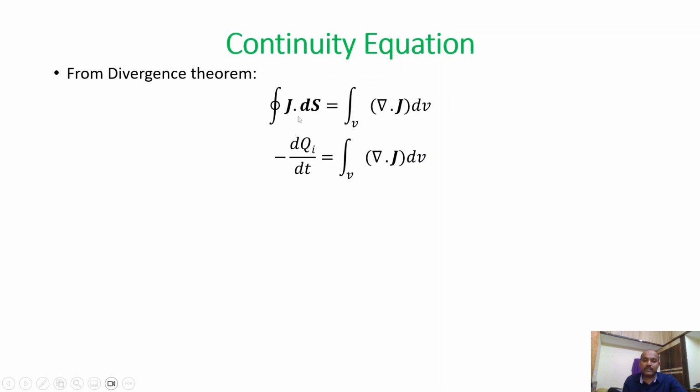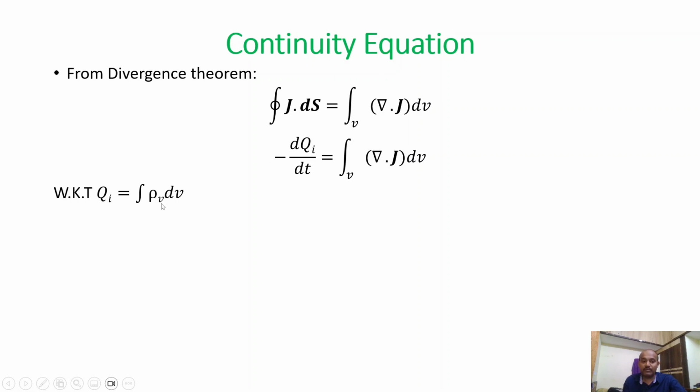Now from the previous equation, what is this? The surface integral of J dot ds is nothing but the outflow of the current, which I represented as minus dQ by dt, which is equal to the volume integral of divergence of the current density in a given volume. Now I represent Q in terms of volume charge density.